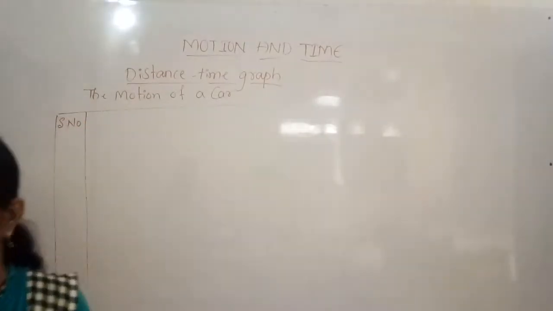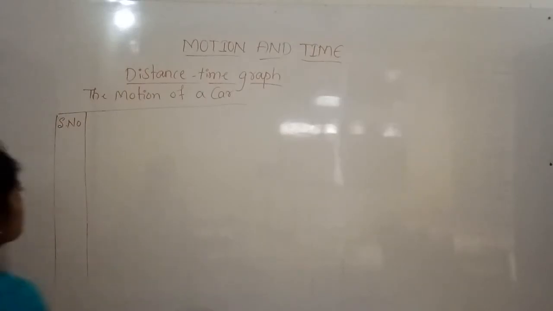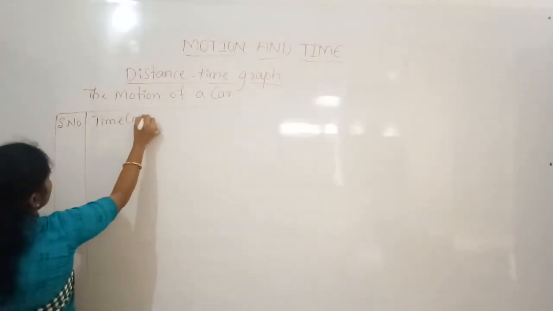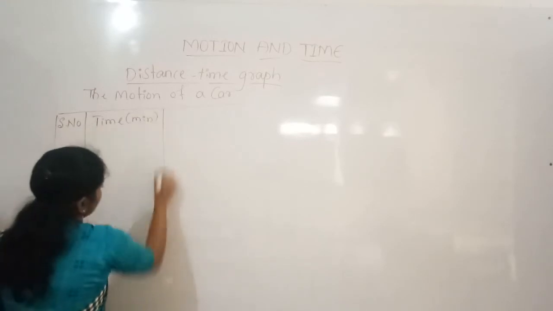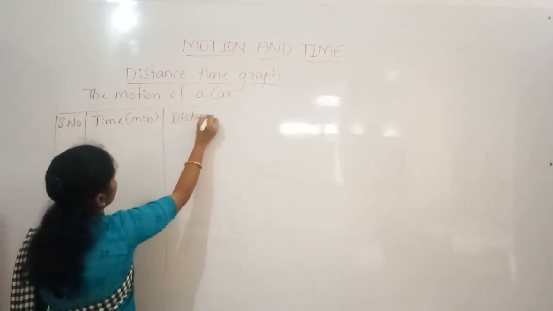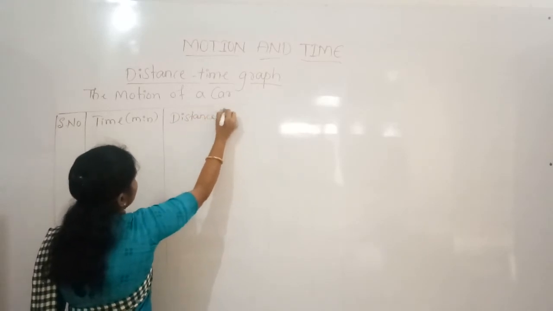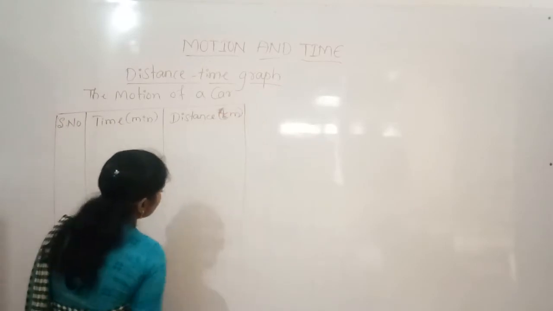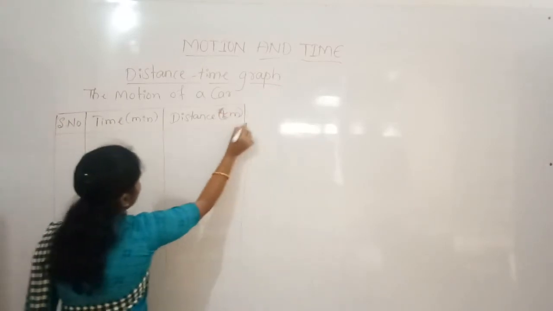The second one is time in minutes. Time is given in minutes. And the third one is distance in kilometers. So this is given in your textbook.